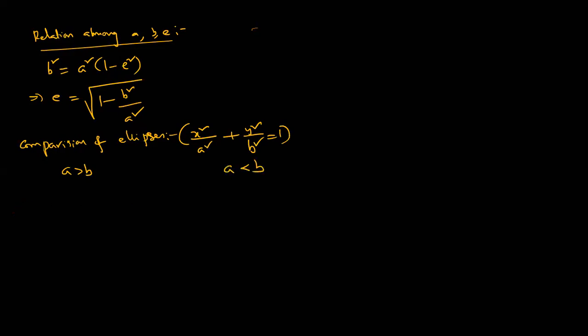Then what is the first point? Anyone? Length of the major axis is how much? This is 2a, this is 2b. So length of the minor axis: this is 2b, this is 2a.